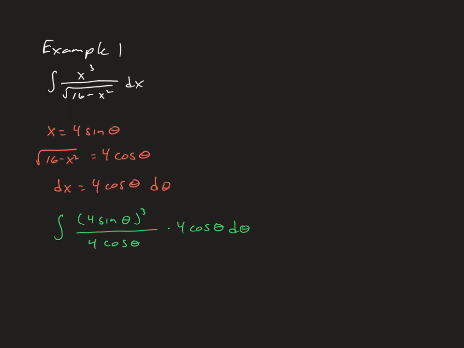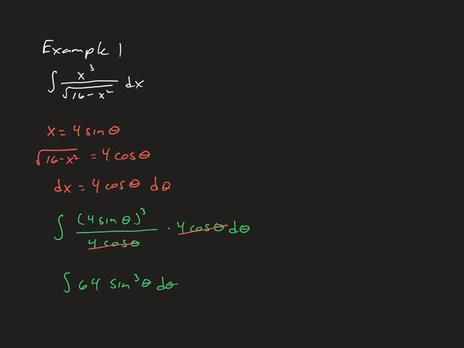Now I can reduce this, and the 4 cosine thetas drop off, so my integral is now equal to the integral of 4 sine theta cubed, which is 64 sine cubed theta d theta.